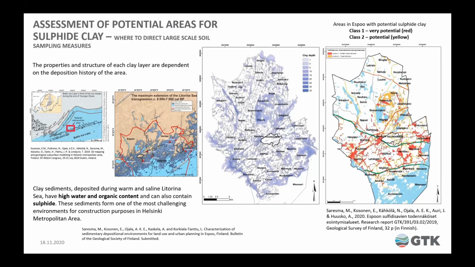It was an assignment from the city of Espoo. So they want to direct their large-scale soil sampling measures to the areas where they see that the risk of sulfide clay occurrence is the highest. So it's about saving money, so that you don't have to make a big soil sampling program in the areas where there is maybe no risk at all.